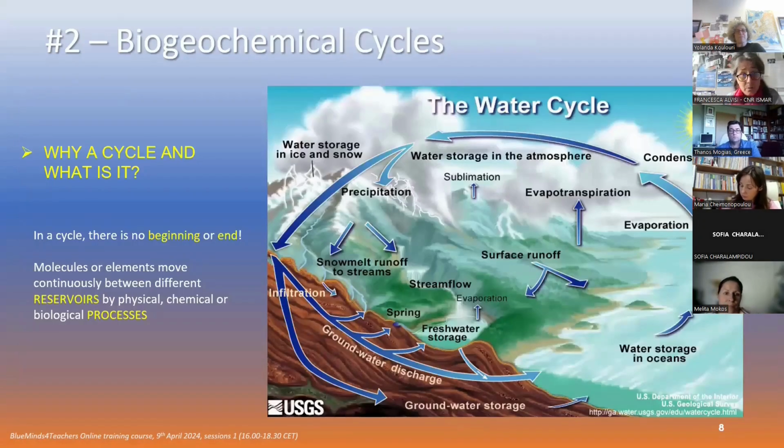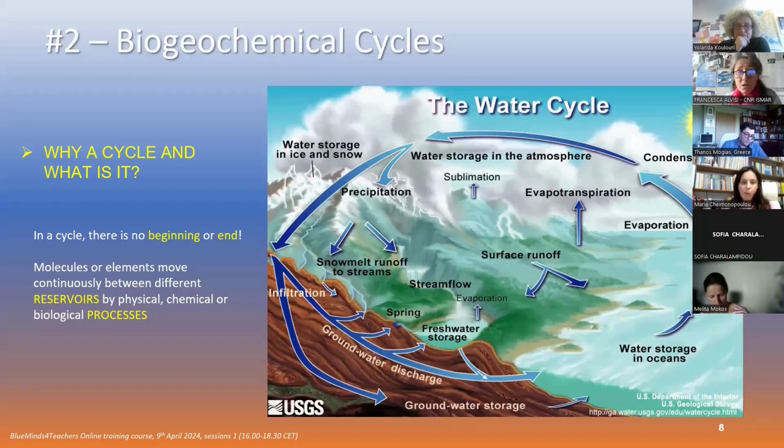And then the other part of Principle 2 has to deal with the biogeochemical cycles. A cycle is something that has no end and no beginning. So the molecules or elements are moving between different reservoirs by physical, chemical, or biological processes.